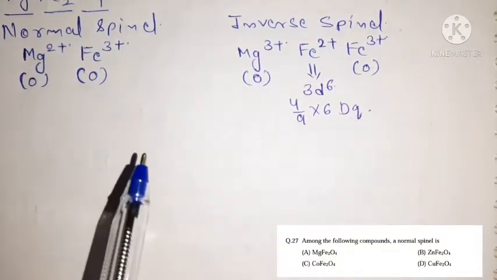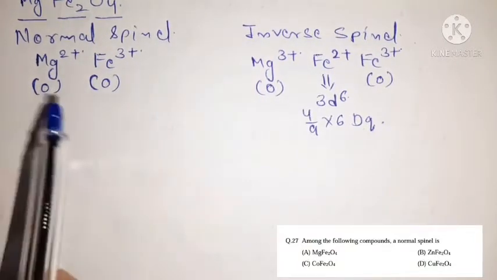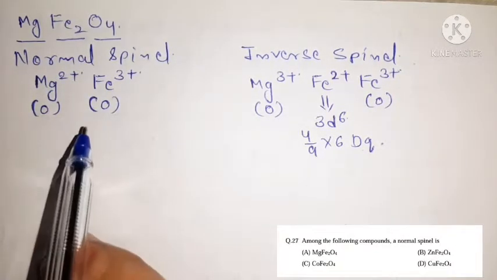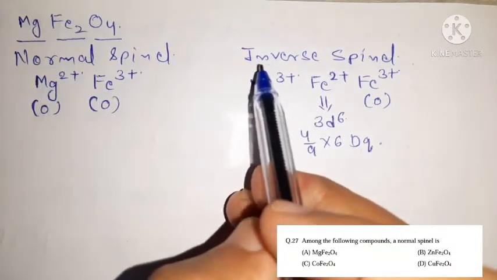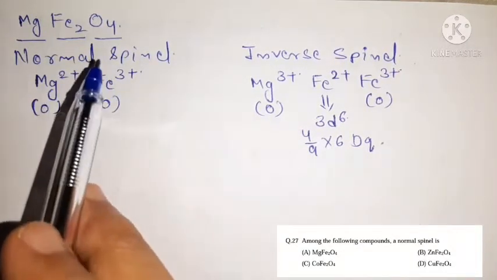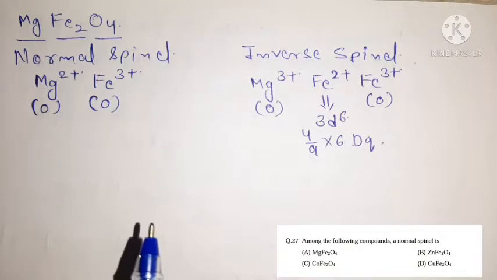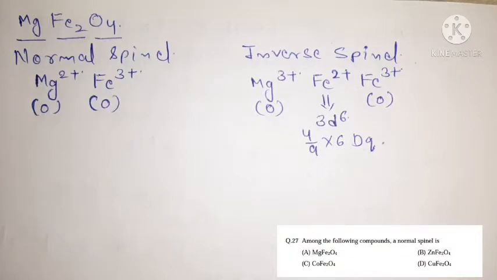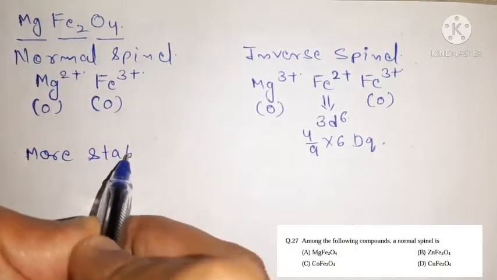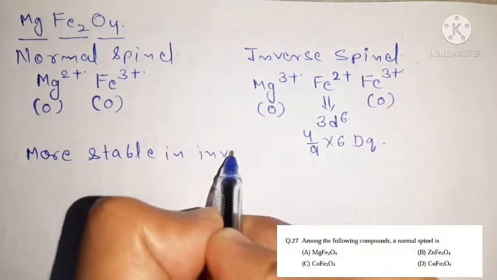That means in case of MgFe2O4, when we take it as a normal spinel, its value of CFSE will be 0. But when we take it as an inverse spinel, its value of CFSE will not be equal to 0. That means MgFe2O4 is more stable in inverse spinel.